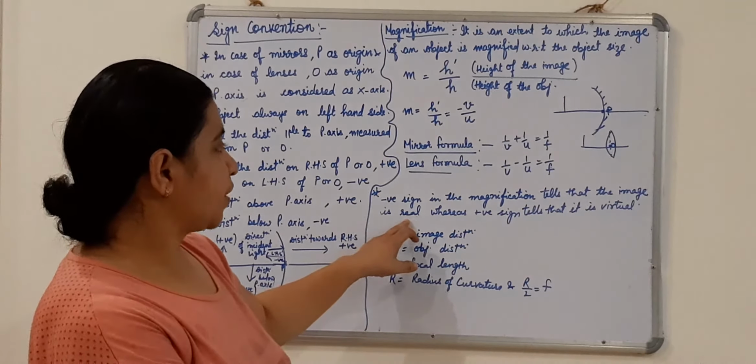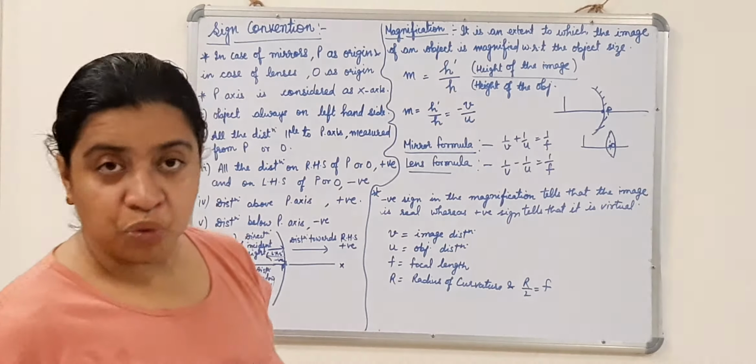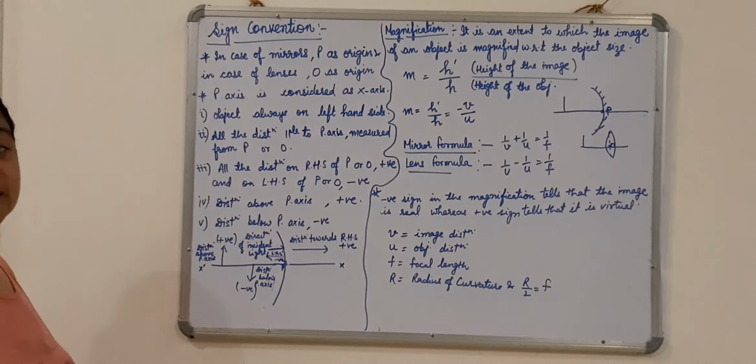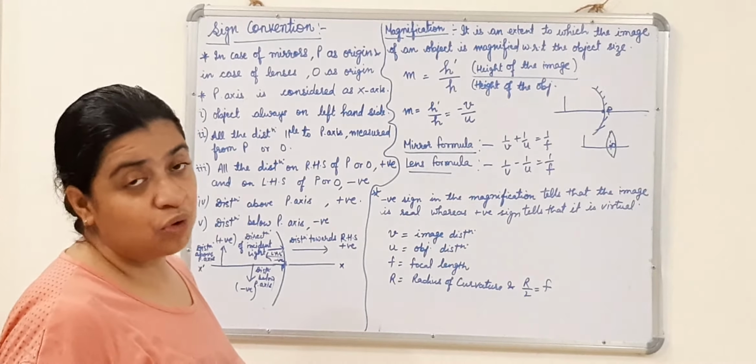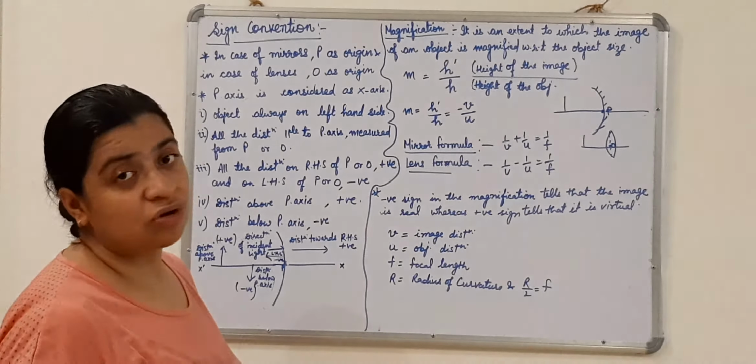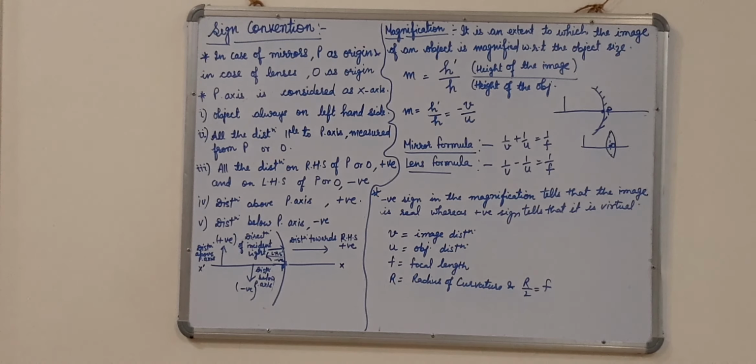So that is why memorizing the ray diagram table is quite important. If you do not learn the table by heart, you won't be able to solve the numericals. I hope it is clear to you children. Just note down all these things in your fair copy.